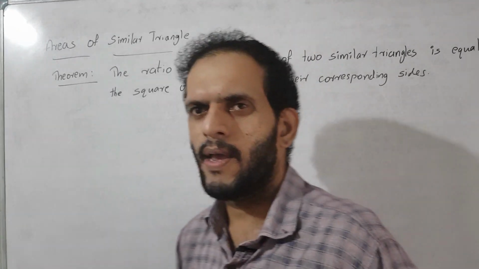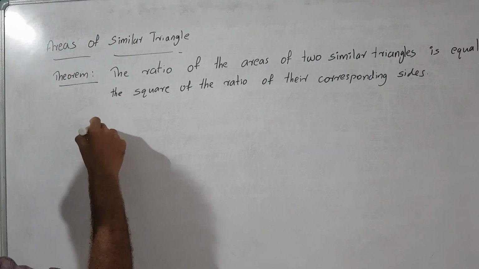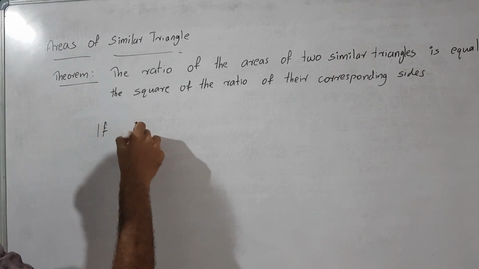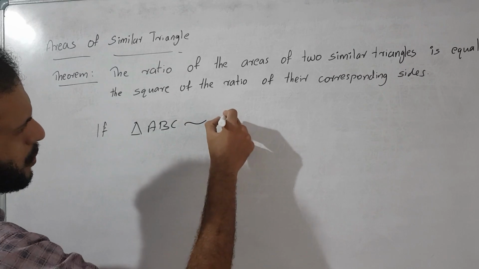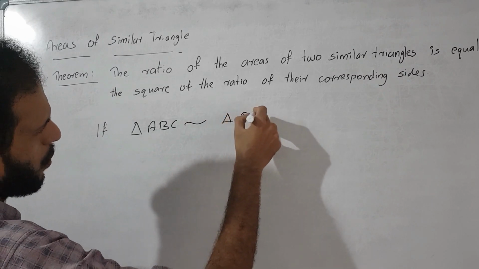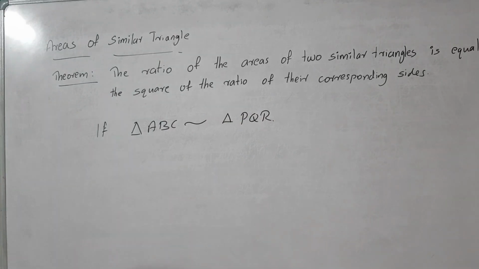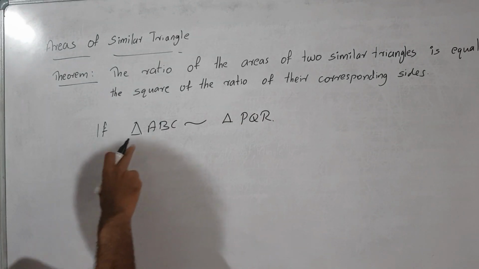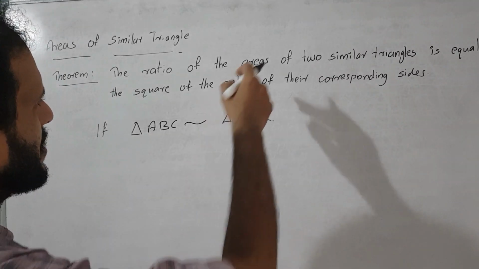Okay, for example, if triangle ABC is similar to triangle PQR. Suppose we have the two triangles ABC and PQR. If triangle ABC is similar to triangle PQR, then what does the theorem say?